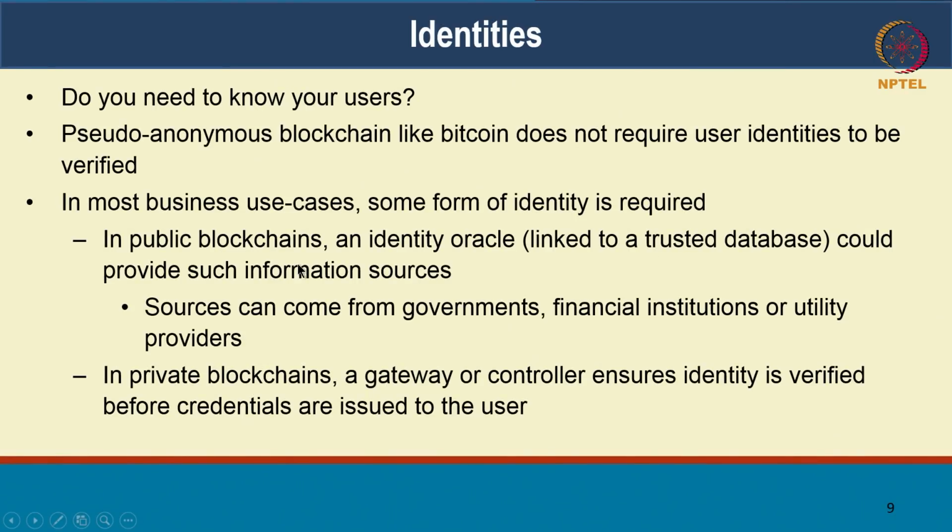In public blockchains, it's possible to have an identity oracle that could provide the information about who the identities are. But in permissioned blockchains, including Hyperledger Fabric, there is a gateway or a controller or a consortium that determines the identities of entities or verifies these identities offline. So let's say there's a consortium of 10 banks.